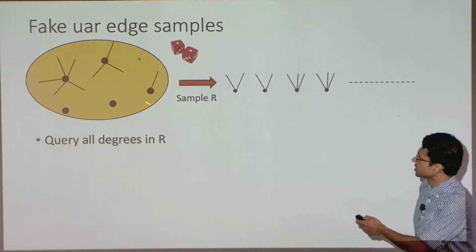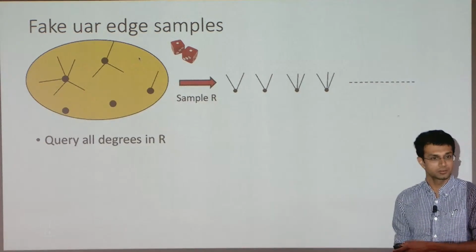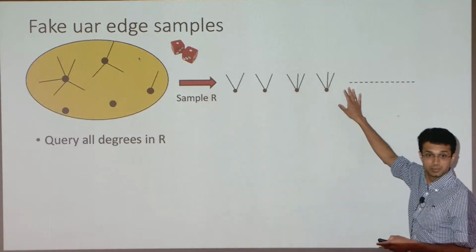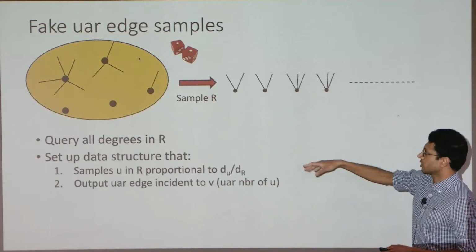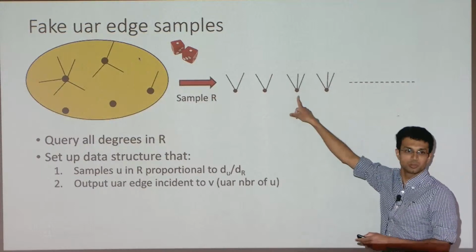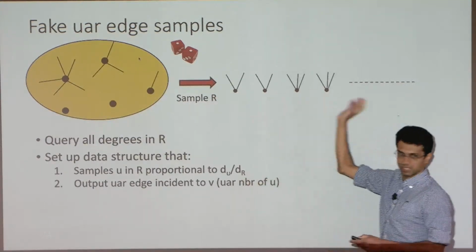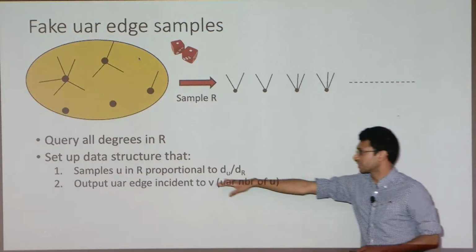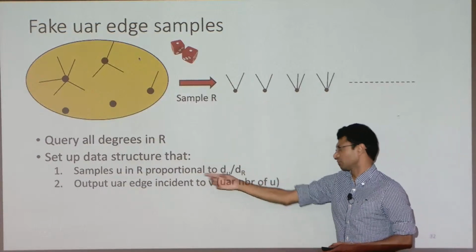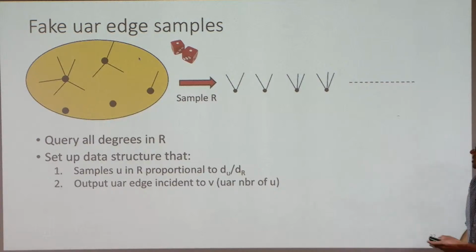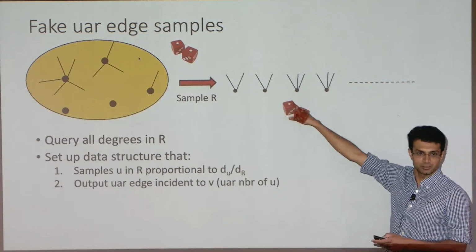You could sample some set of vertices R, query all the degrees in R, and then set up a data structure that picks a vertex proportional to its degree amongst the set. So D_R is just the sum of degrees, and I sample u with probability exactly equal to du divided by the sum of degrees. So I could sample a random vertex from the set.